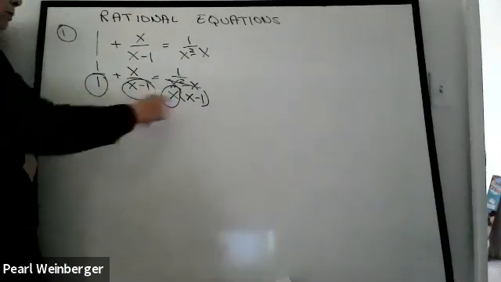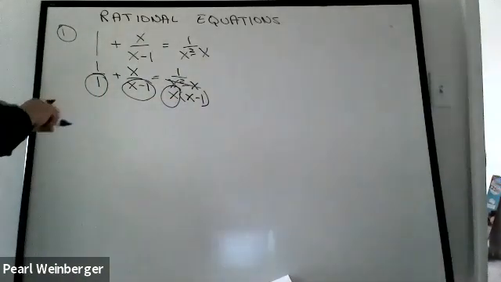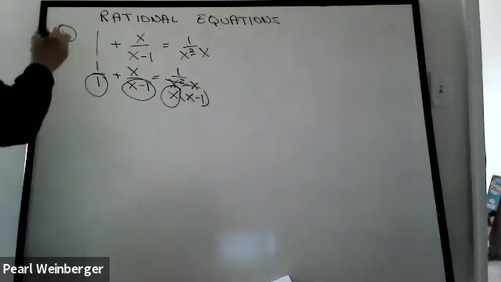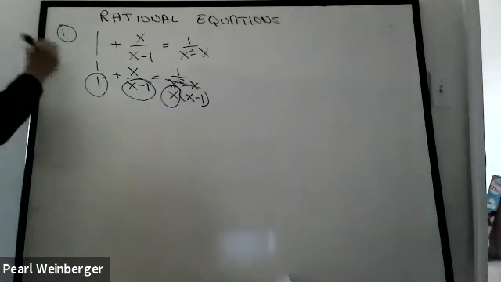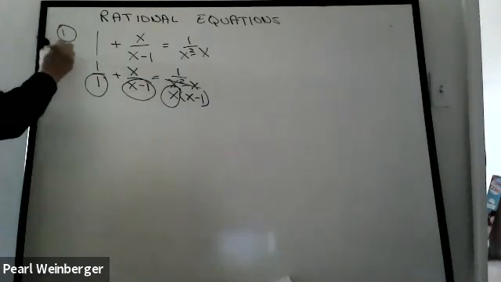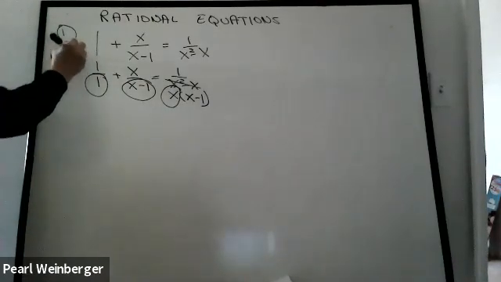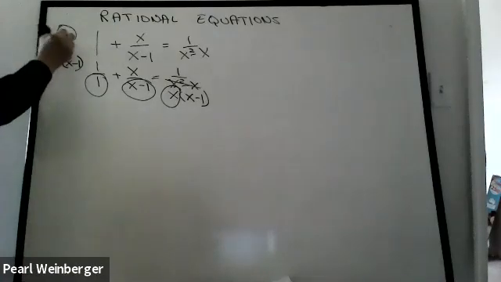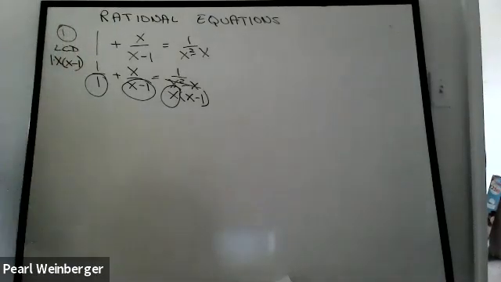Now, if I multiply together all those things, which means the 1, the x, and the x minus 1, that's what your LCD is. That's what your common denominator is.